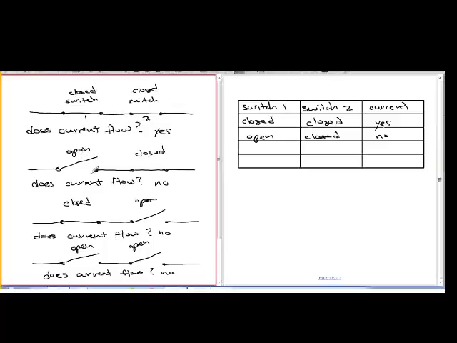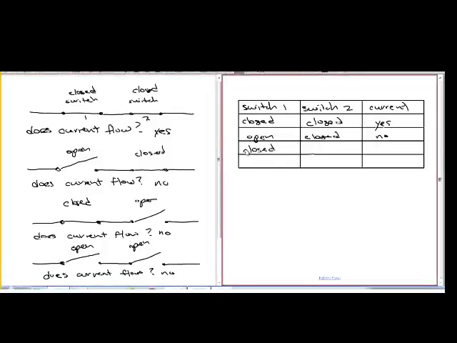So this one, switch 1 is open, switch 2 is closed. Does the current flow? No. This third one is switch 1 is closed, switch 2 is open. Does current flow? No. And finally, if they're both open, does current flow? No.